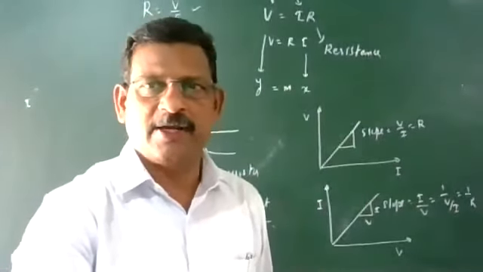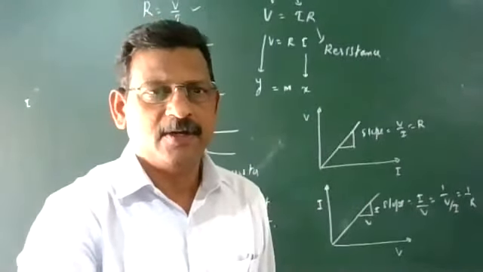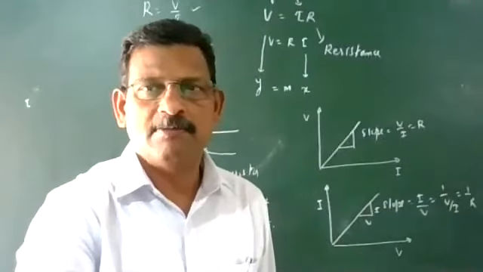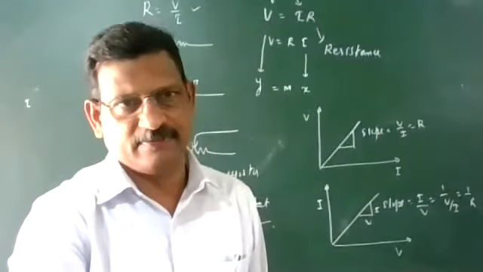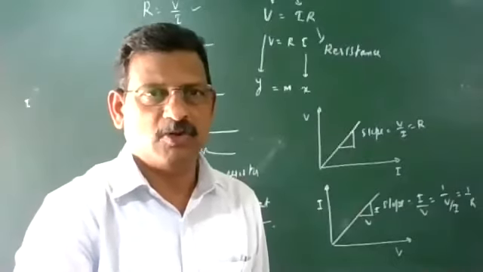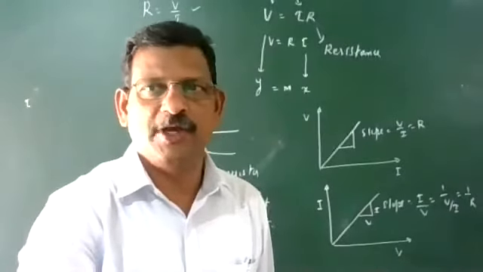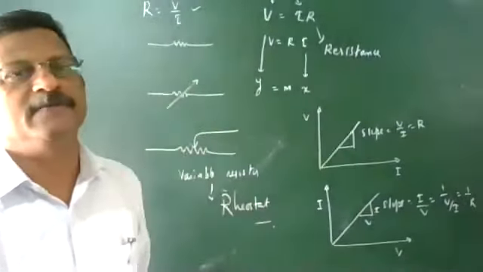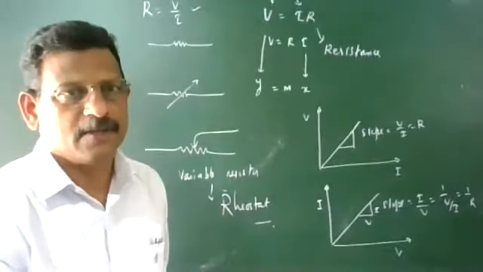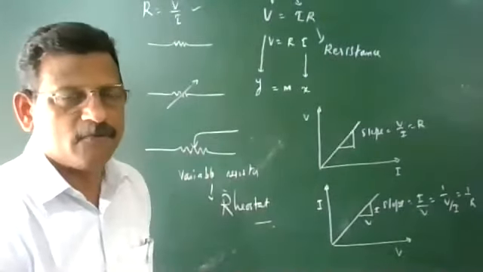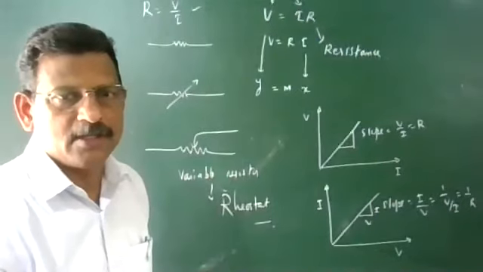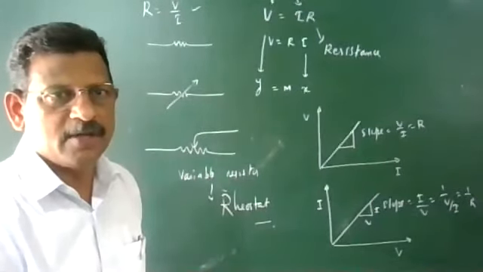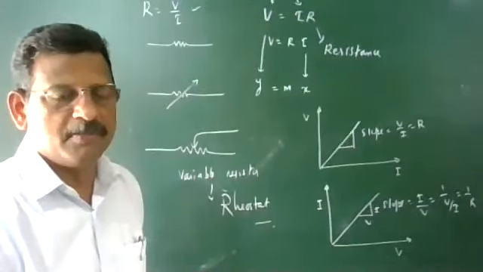Next important point, can we derive Ohm's law from drift velocity? Derive Ohm's law from drift velocity. R equal to V upon I equation derived. If V equal to IR, then R equal to V upon I. So how will you derive Ohm's law from drift velocity?